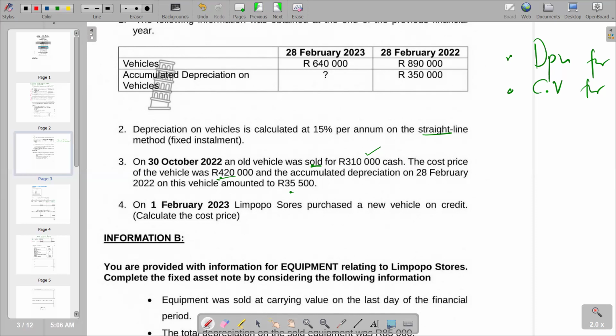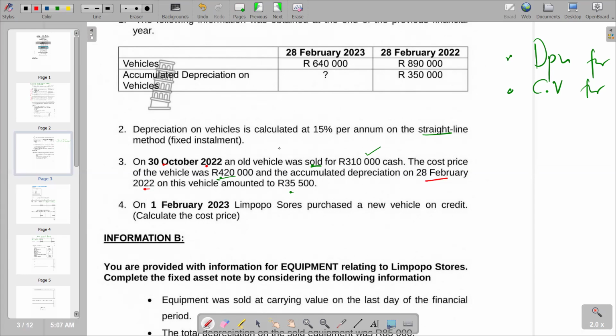But this is depreciation on 20th February 2022, but it was then sold on 3rd October 2022. So it means we need to find the depreciation of the current year so that we can calculate the depreciation of that non-current asset that was disposed, that is vehicles, from the day it was bought up to the day it was disposed. That is up to 3rd October 2022.